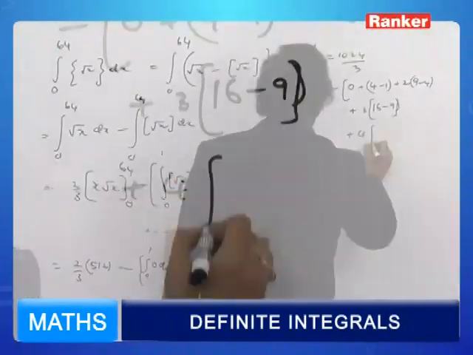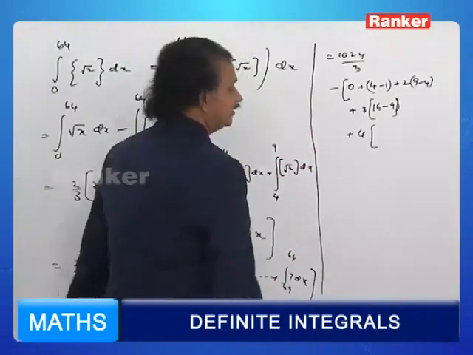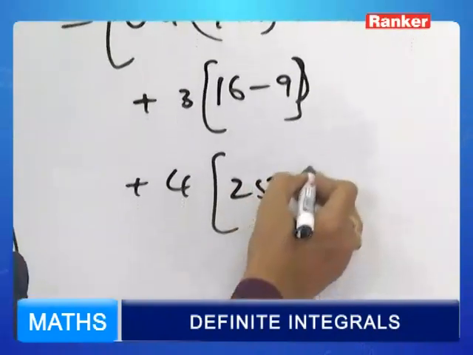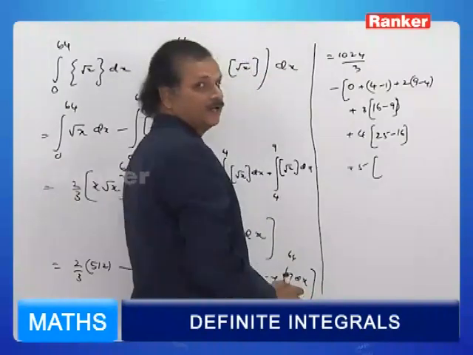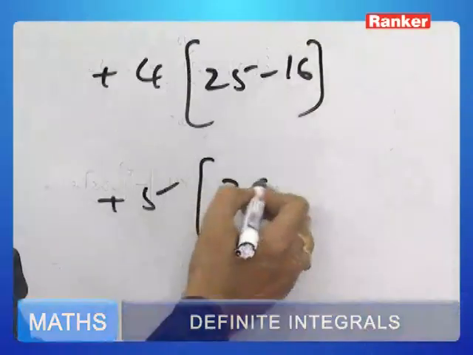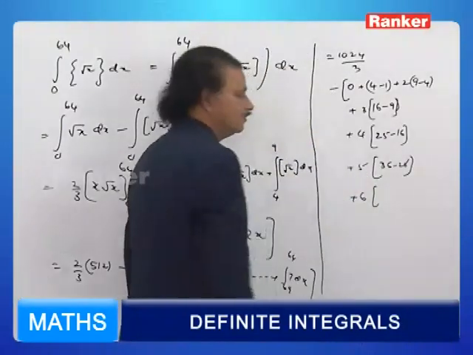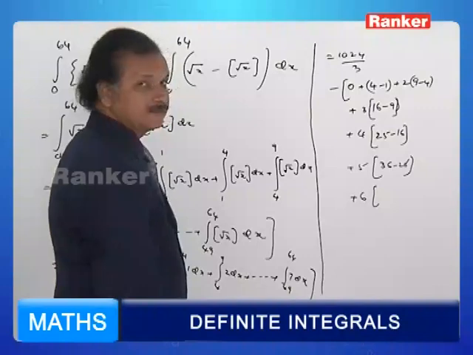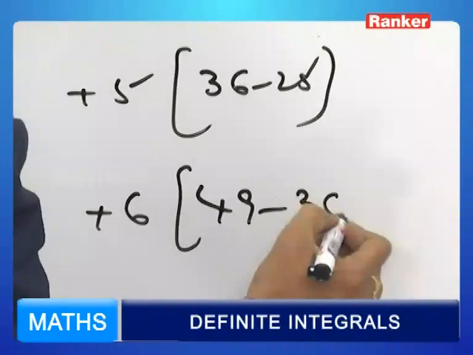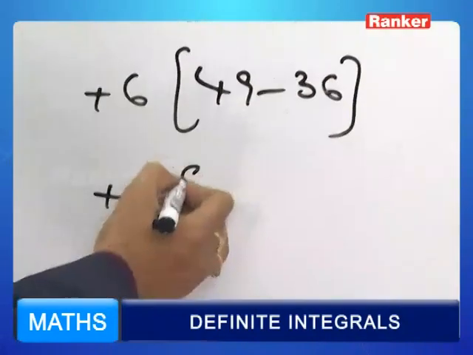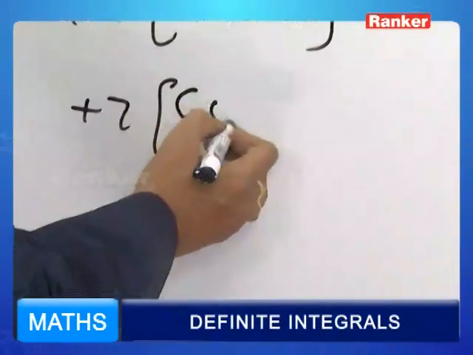plus 4 into 16 to 25. So 25 minus 16 plus 5 into 25 to 36. 36 minus 25 plus 6 into 36 to 49. 49 minus 36 plus 7 into 49 to 64. 64 minus 49.